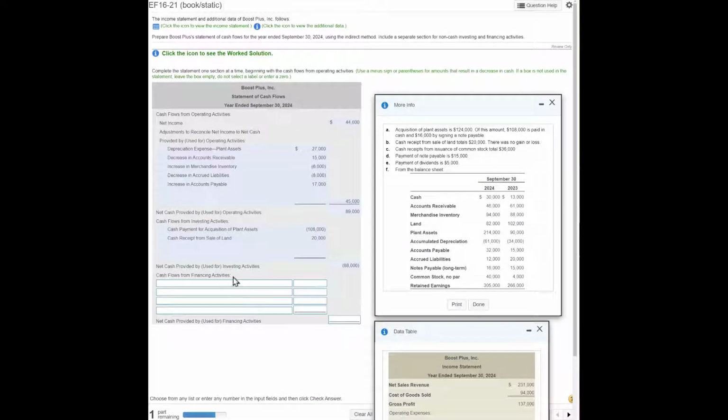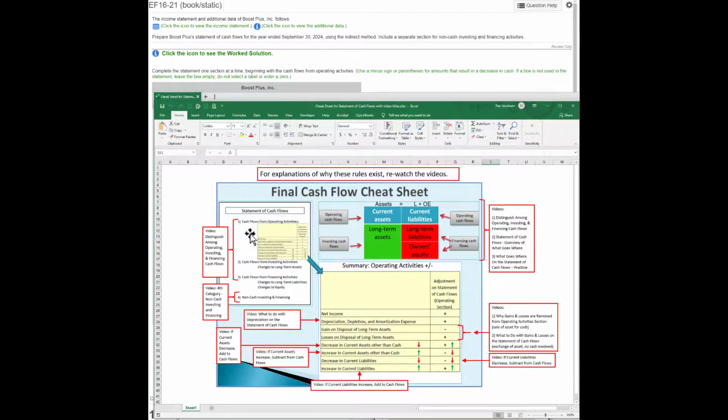Next, we're going to go to the financing activity section. So let's go up here with cash receipts from issuing common stock. Oh, well, first let's go back to our cheat sheet. For section 3, the financing activity section is changes to long-term liabilities and equity.